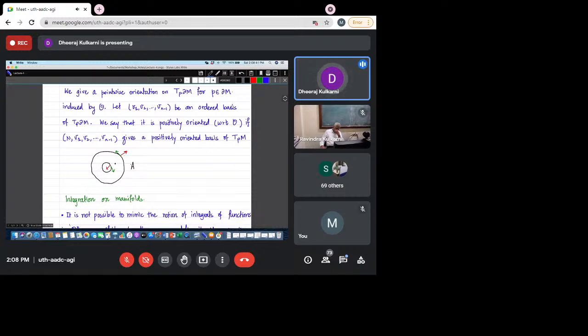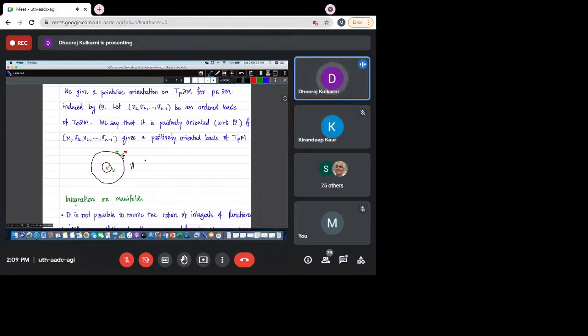Now the red arrow is denoting an outward pointing vector at this point P. So I have to take a non-zero tangent vector to the outward boundary in such a way that I will get an oriented basis of the tangent space of the annulus at that point.